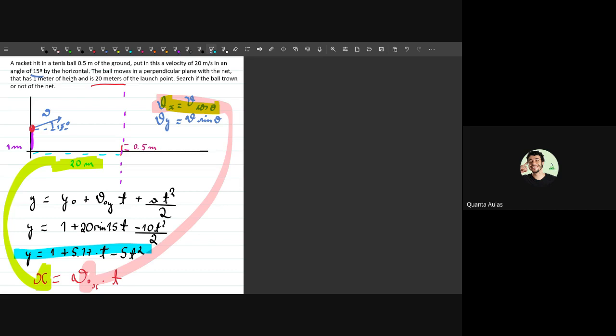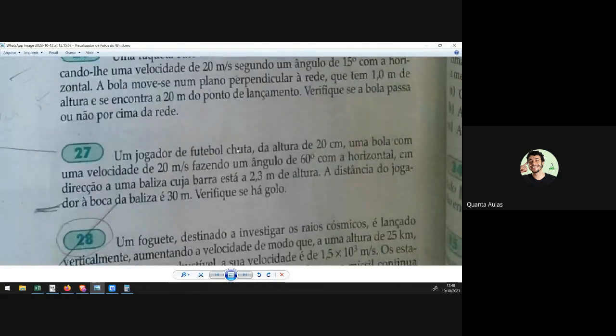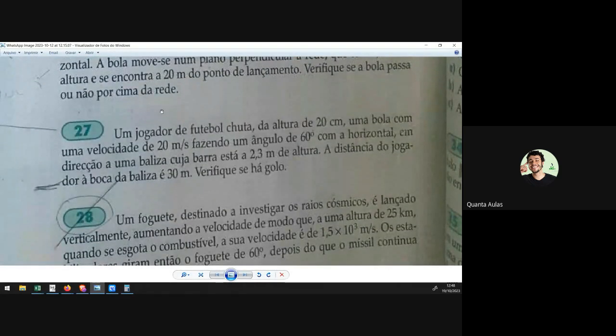But you will not get this if you don't do the drawings, the graphs of the problem. You need to draw more in your problems, okay? To understand what's going on. Because this is not a really hard problem, I suppose. But you need to try more.